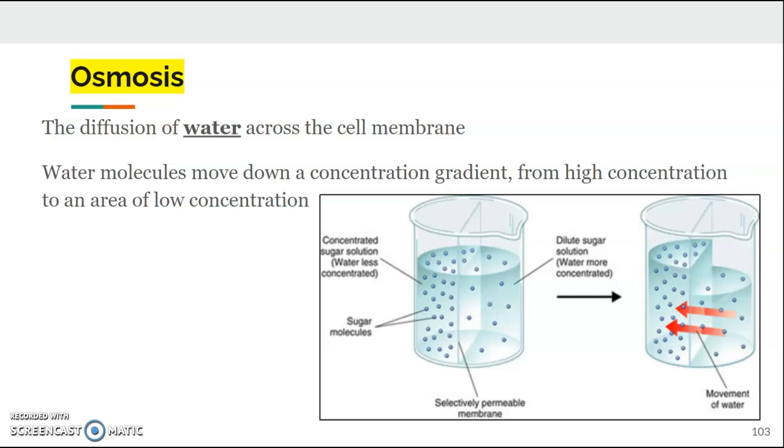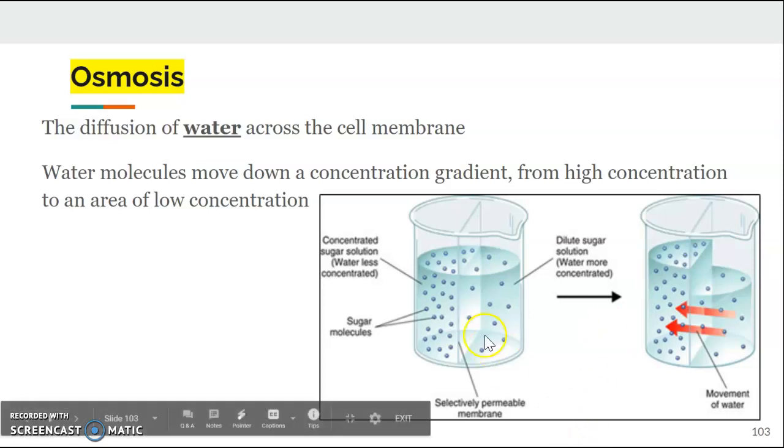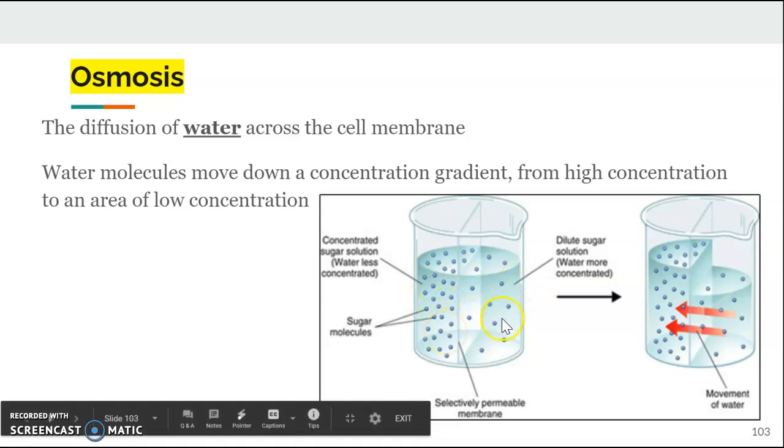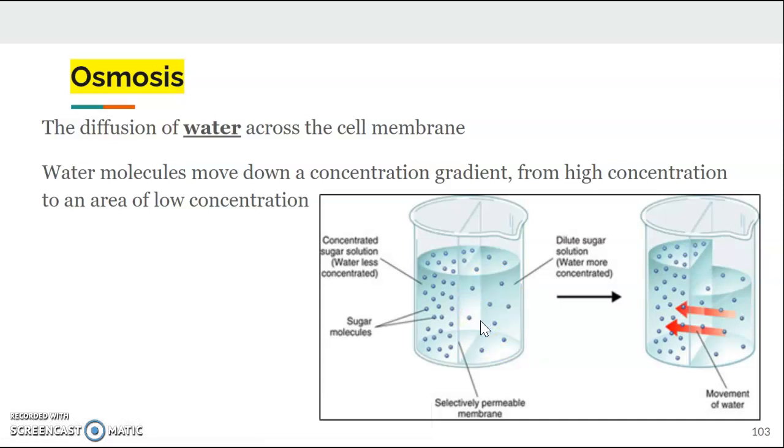Okay? So in this picture, you can see here that this is a selectively permeable membrane, right? And you can see on this side it's really concentrated with solute, but on the other side of it, you see that there's more water, right? So technically the water is more concentrated.